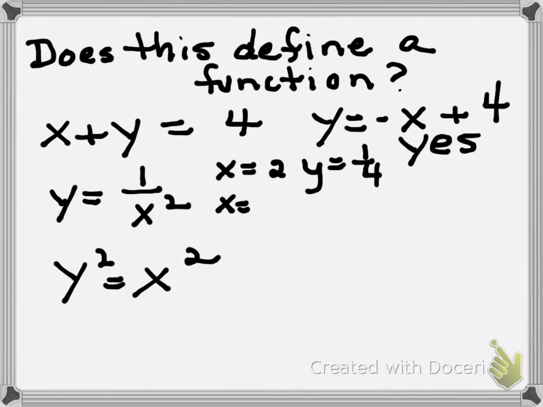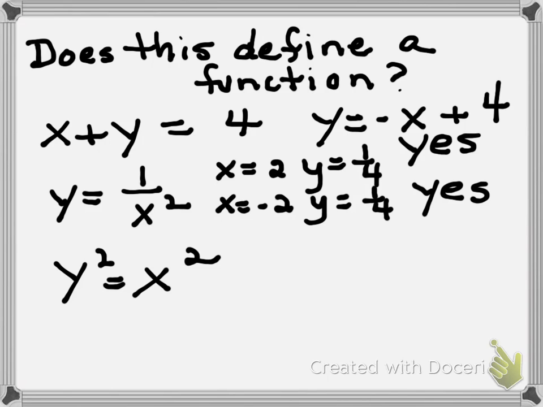If we put in -2, we also get y to be 1/4. Now it's okay that 2 is mapped to 1/4 and -2 is mapped to 1/4. We just can't have an x like 2 going to 2 y values. So this also does define a function.